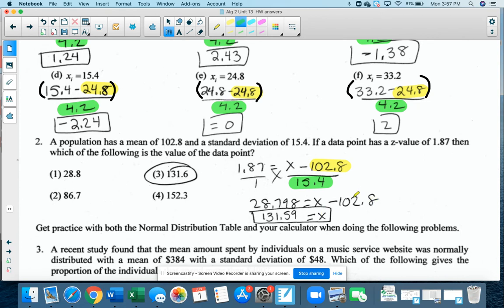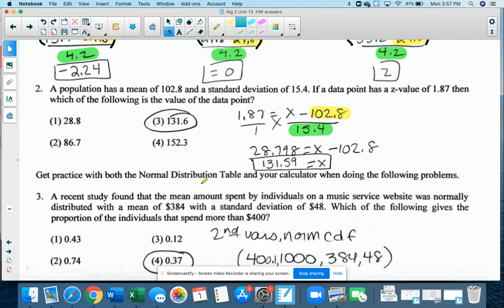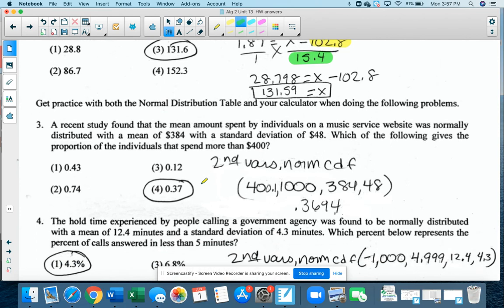I'm solving for x, so I'm adding 102.8, and that's how I get 131.6. So this was using the same exact formula, except you know the z-score, and you were using it to solve for x.